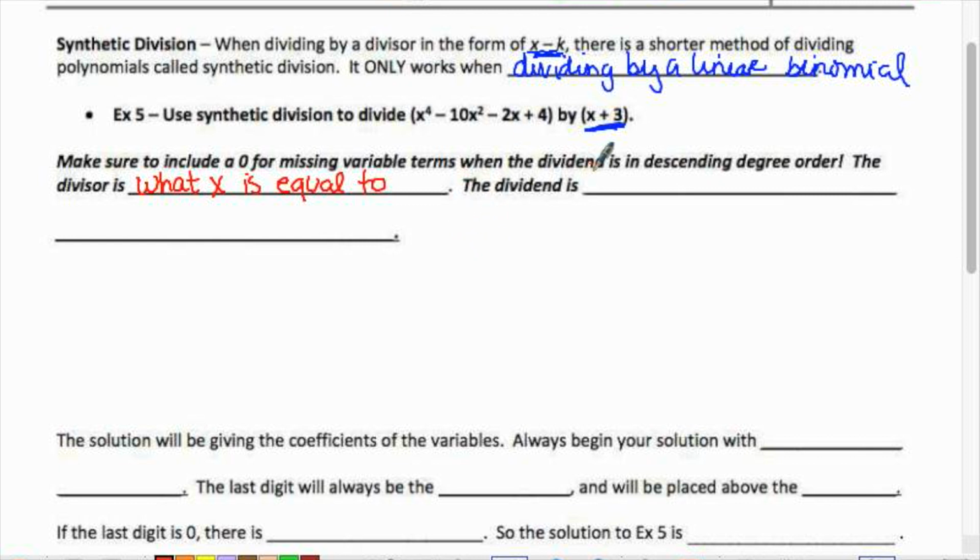The dividend is the coefficients of the variables in descending degree.